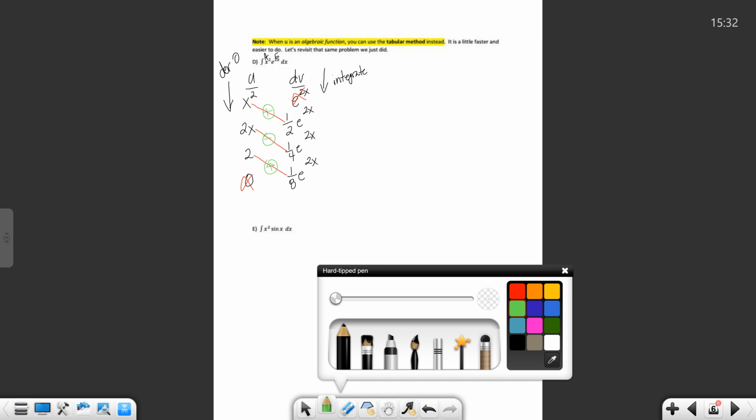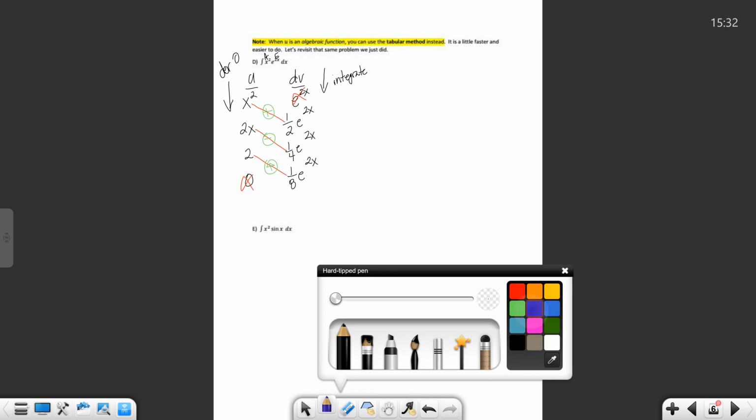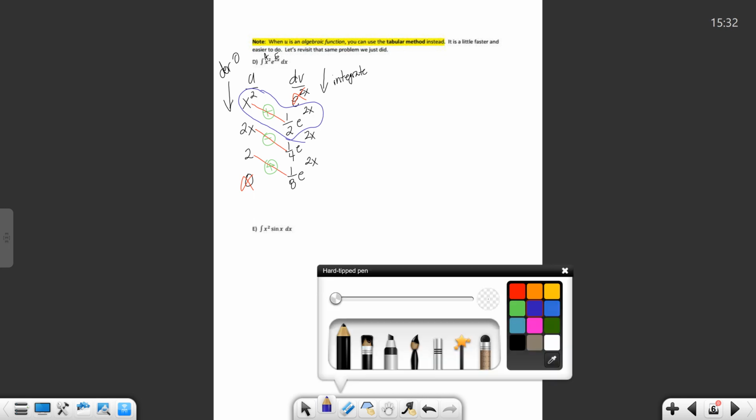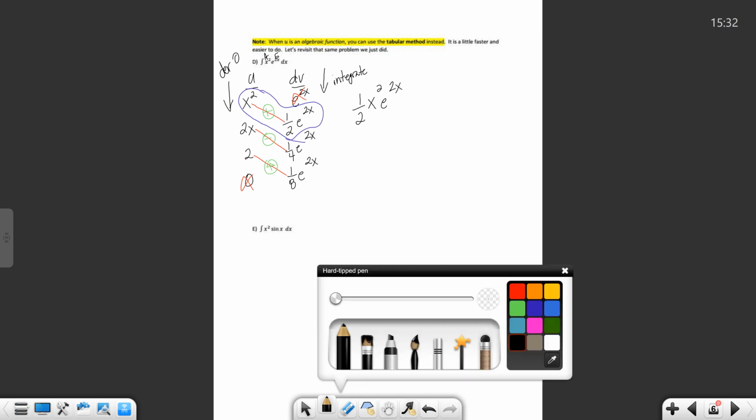So my answer is going to be the endpoints of the line multiplied with that sign. Let me show you what I mean. I'm going to multiply that and put it together with the positive sign. So I've got 1/2 x squared e to the 2x, times the positive. Now we get a new color.